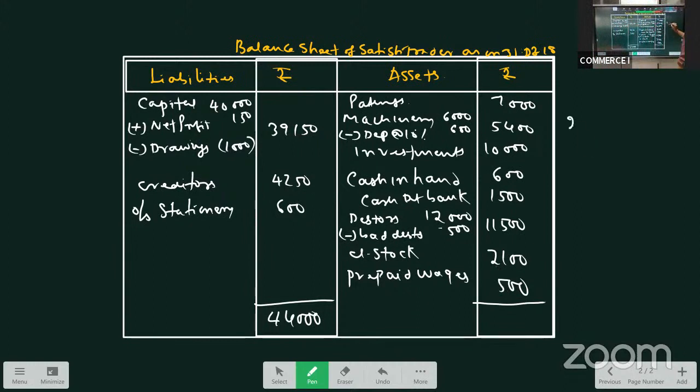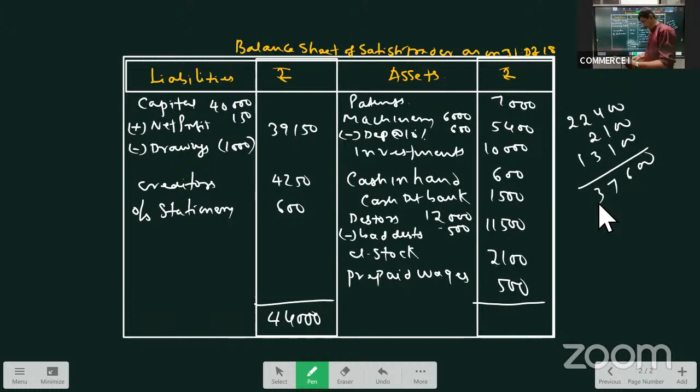We get 22,400. 6 plus 5, 2,100. We get 13,100. What the heck are we getting? We are getting 37,600 only.